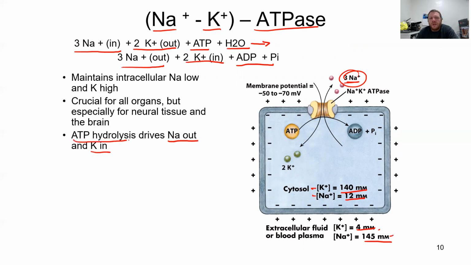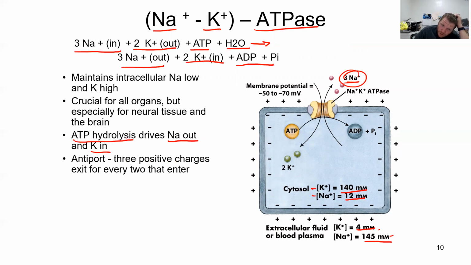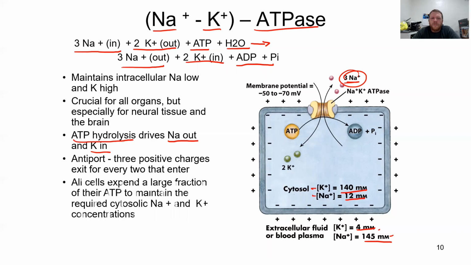So we're using ATP hydrolysis in order to do this. Now, this is an antiporter protein, because we are moving two things in opposite directions. We've got 3 positive charges exit for every 2 that enter. Now, all cells expend a large fraction of their ATP to maintain the required cytosolic sodium and potassium concentrations.